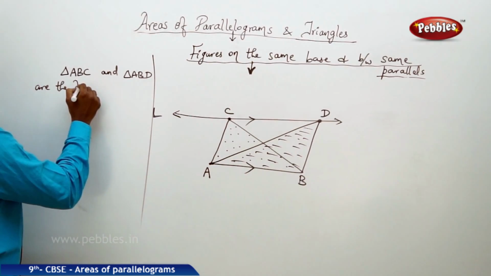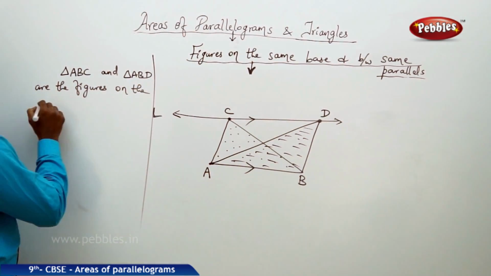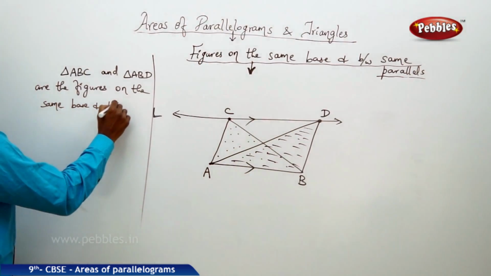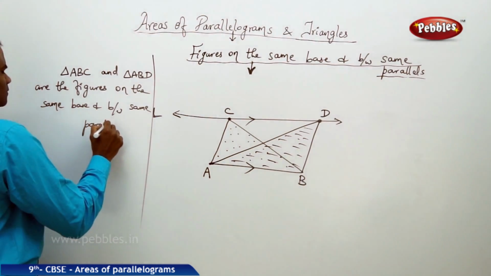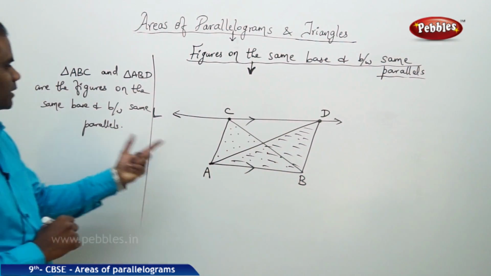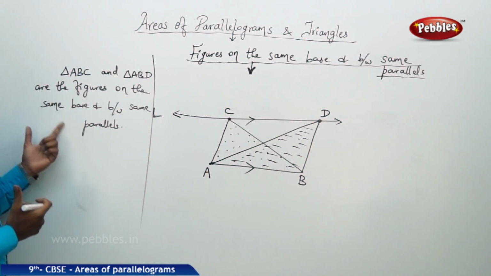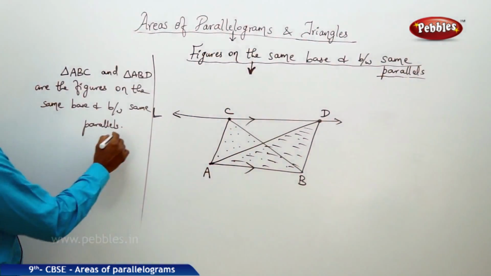are the figures on the same base and between same parallels. So triangle ABC and ABD are said to be the two triangles on the same base and between same parallels.